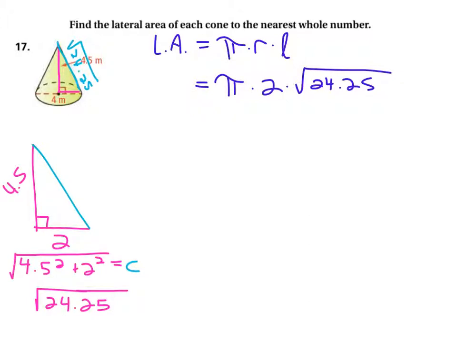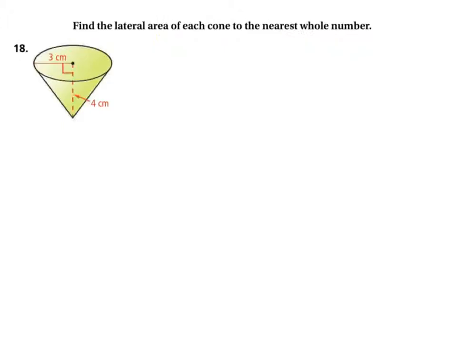Now we can round it. Approximately equal to 30.94, or 31, and meters squared is the units. Okay, got one more to do, but yeah, that's how we're doing it. Let's keep going.